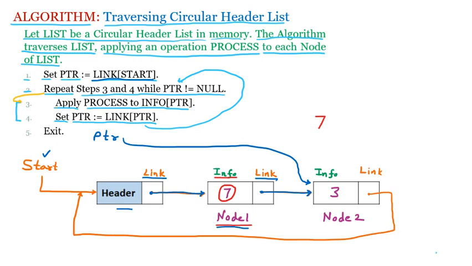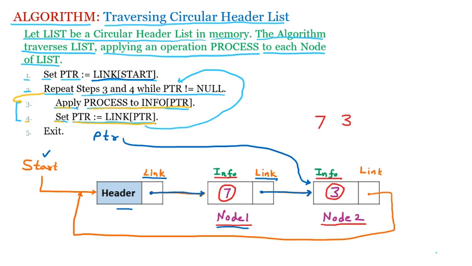Here we apply PROCESS to INFO[PTR]. PTR is pointing to node 2, and the info part of node 2 is 3. So we apply the process on 3, that means we display the 3. Then the next line is step 4: set PTR equal to LINK[PTR], meaning PTR moves to the next node.